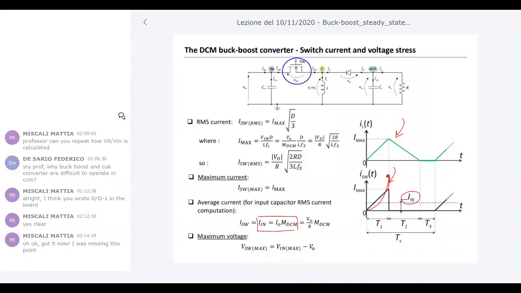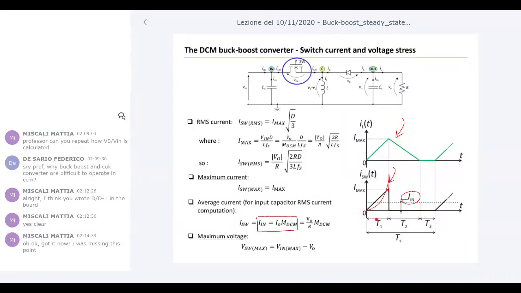Okay, not well drawn, but it is a parabolic triangle. The peak value of this parabolic triangle is Imax squared. You have to compute the area, and then you can average this area over Ts. The area of a parabolic triangle is 1/3 of the area of the rectangle that includes it.